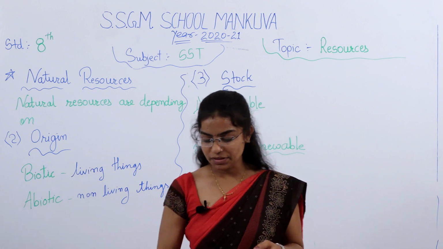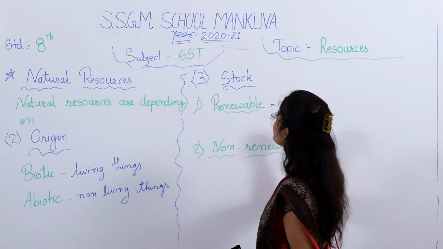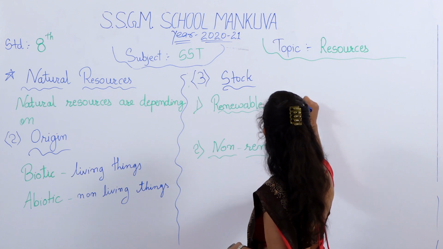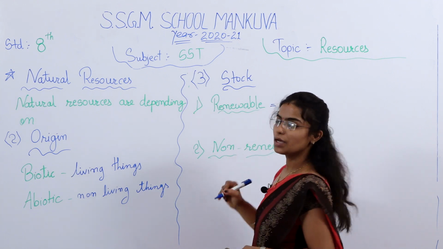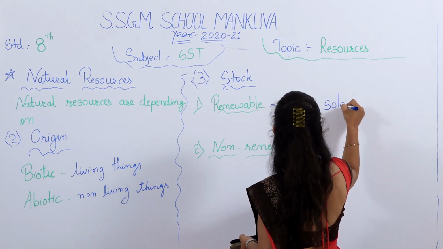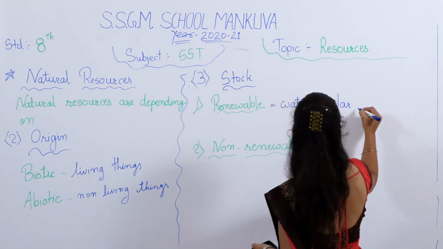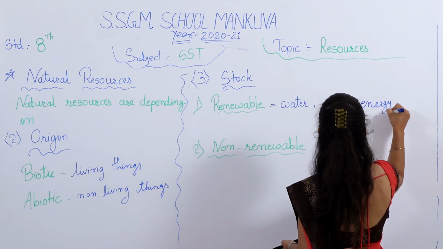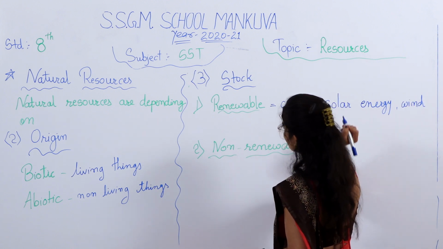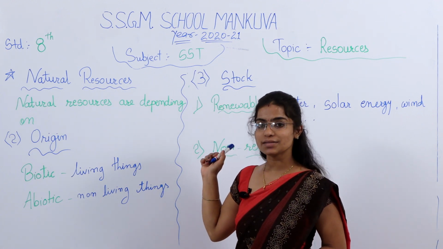Okay, I'll give you some examples. Renewable resources are water, solar, then wind, and etc. So these are the examples of renewable resources.